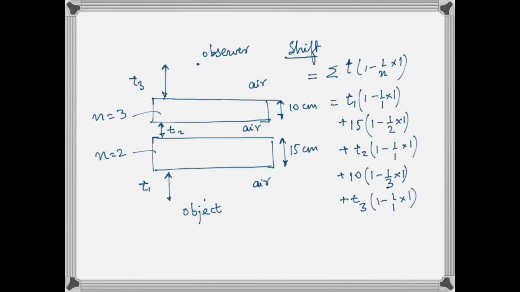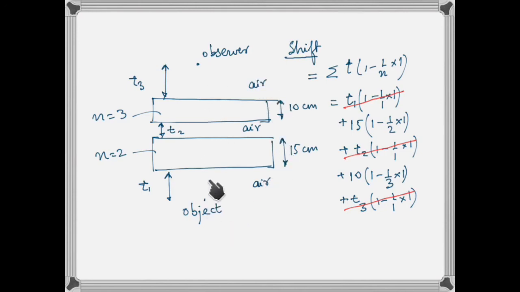What do you notice here? Certain terms are 0, and those are all the air terms. The medium in which the observer is present is air. So all those media which are similar to this medium, air, will have no shifting.